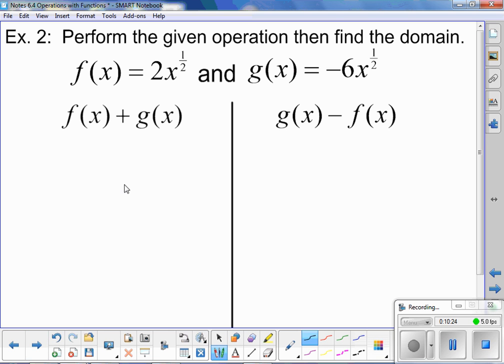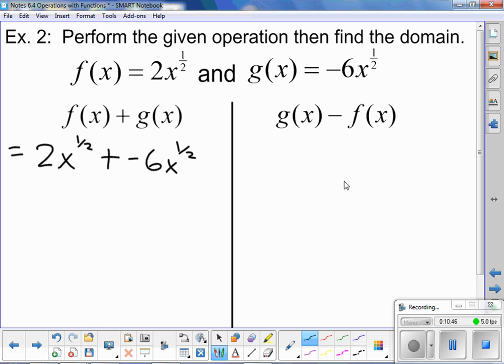Speed it up a little bit. F of x plus g of x. So f of x is 2x. So same thing as before, just substitute in. Only difference now is that it looks a little bit more complex with the rational exponents. But your f of x is 2x to the 1/2 plus your g of x, which is negative 6x to the 1/2.